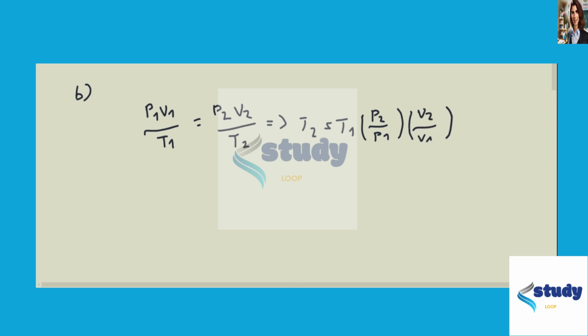Since we know all of the right-hand side terms and their values, we can substitute that T2 equals 288.15 kelvins times the ratio 0.9 over 1, this is in atmospheres, and 2.13 over 2, this is in 10 to the third meters cubed, and the final dimensions will be in kelvins.